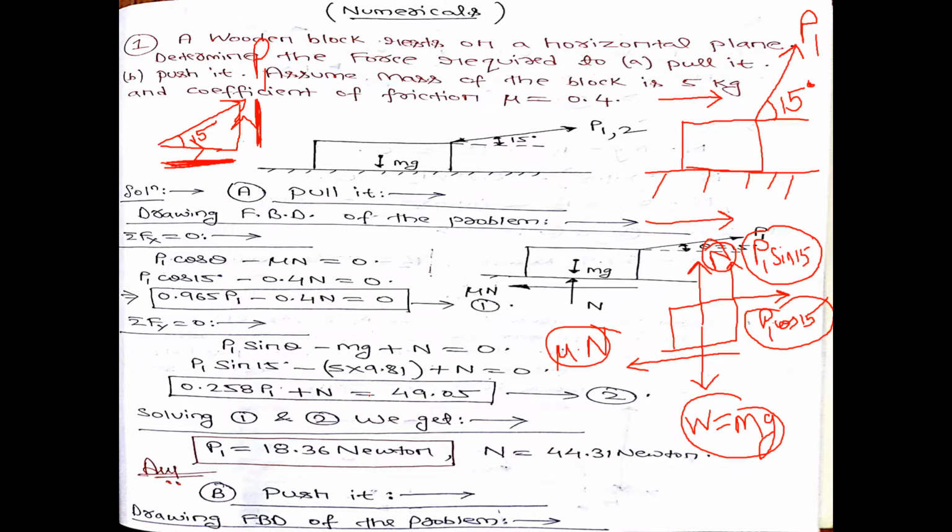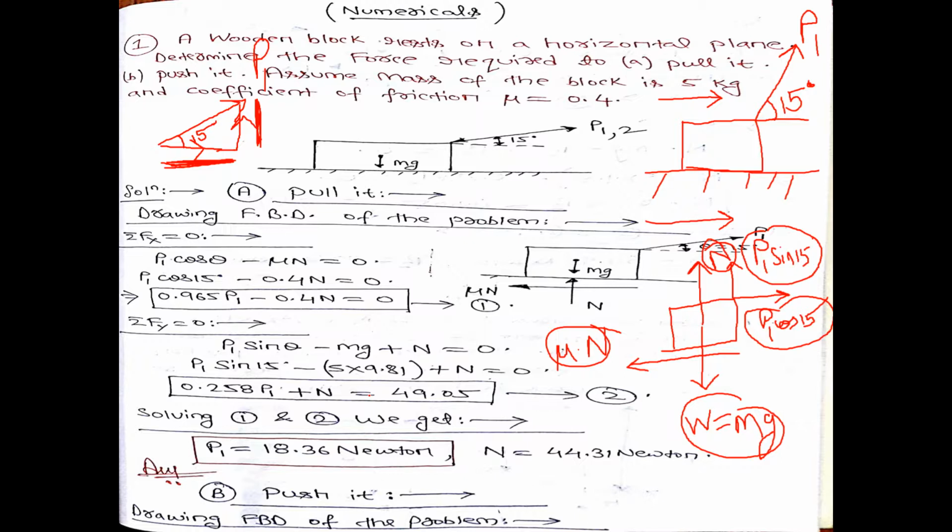If you solve this expression, you will get equation number 2, which is 0.258 times P1 plus N equal to 49.05. Now if you solve equation 1 and equation 2, you have two unknowns, and you will get the value of P1 and N.